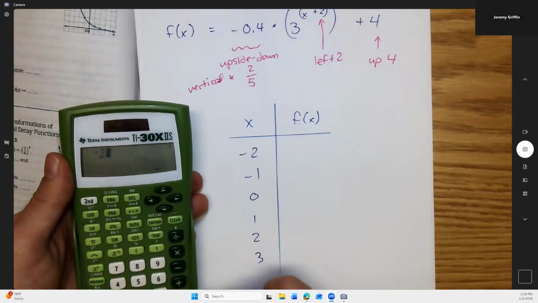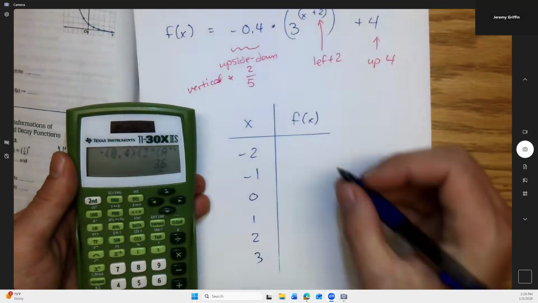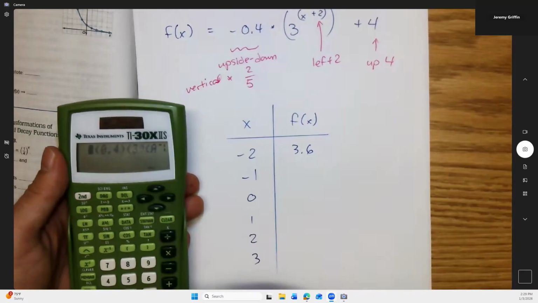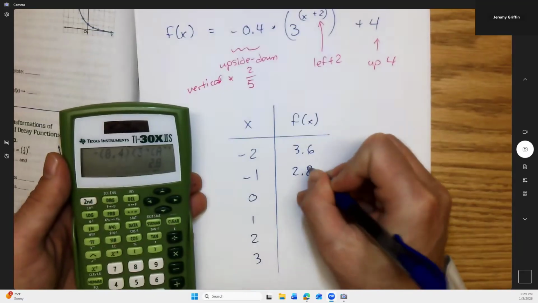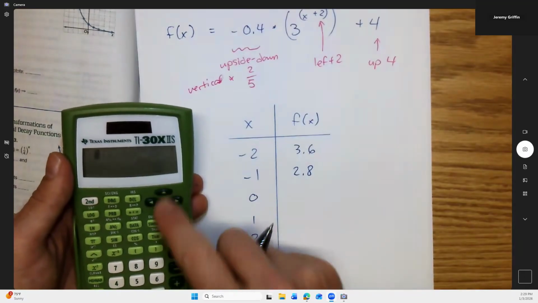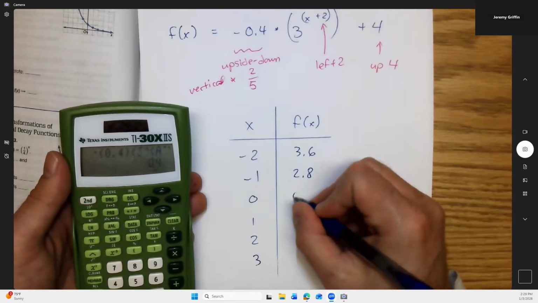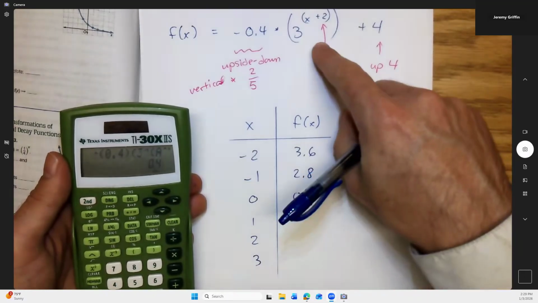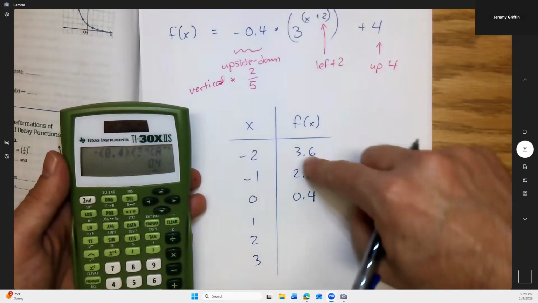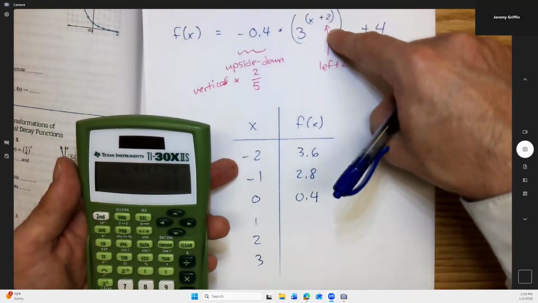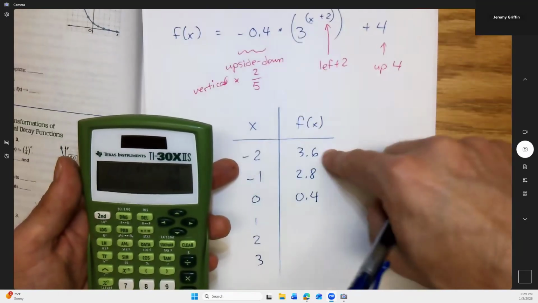So I type -2, then I plug that in. I get 3.6. -1, 2.8. 0, 0.4. Should that make sense? If I plug in -2, this comes out to zero, this whole thing's 1, so yeah, it would be 3.6.